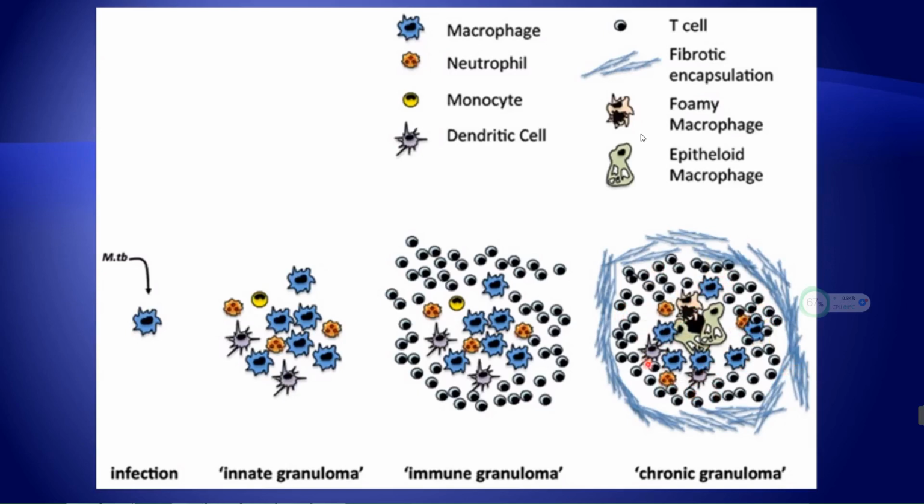And if you're stimulating cells to secrete, especially tumor necrosis factor alpha, you're actually keeping that tubercle formed, because tumor necrosis factor alpha is essential to keep this granuloma formed. If you get rid of tumor necrosis factor alpha, basically this granuloma will, over time, be removed.